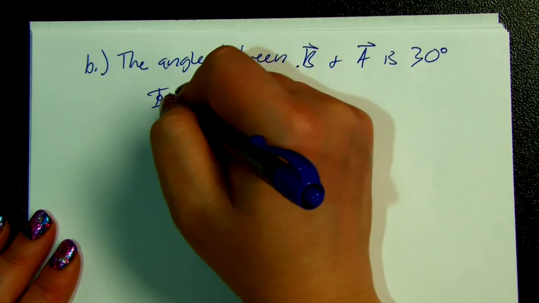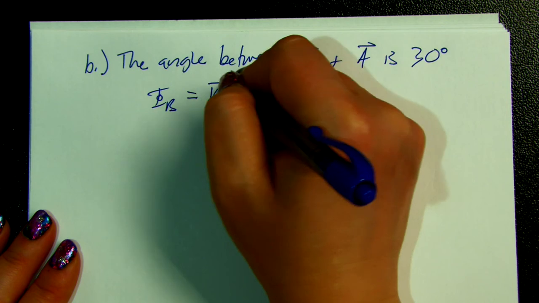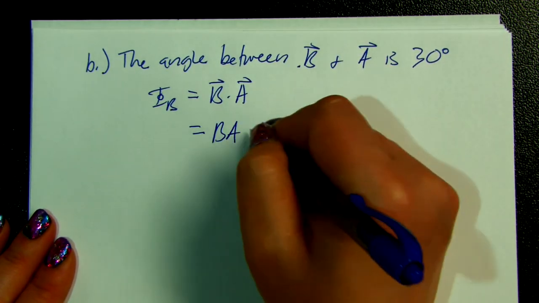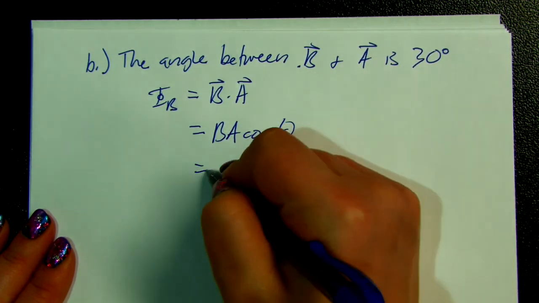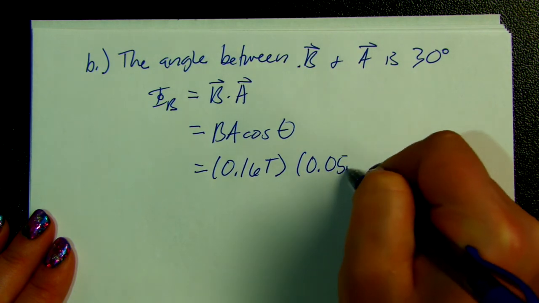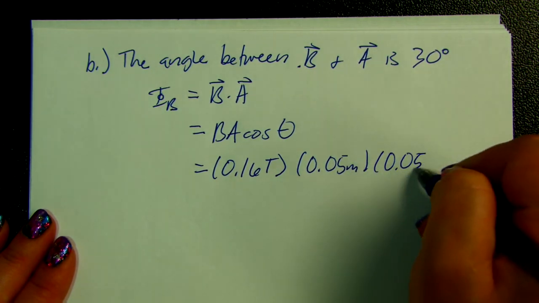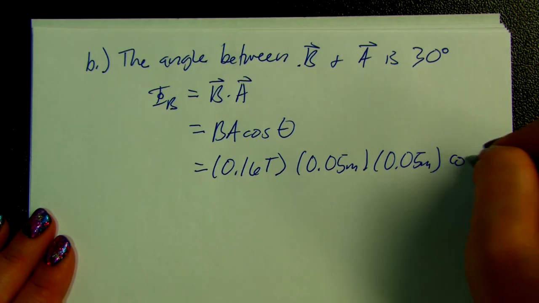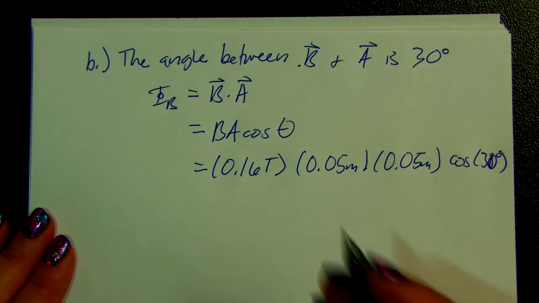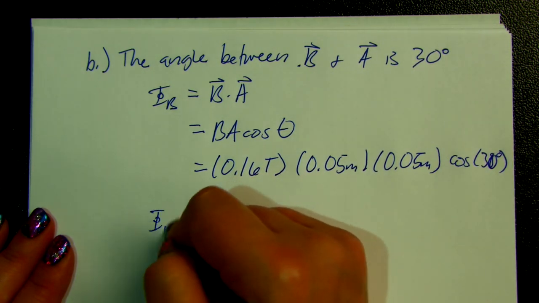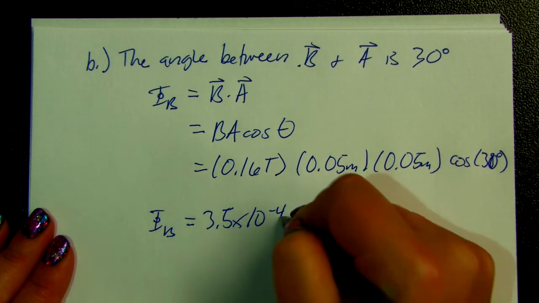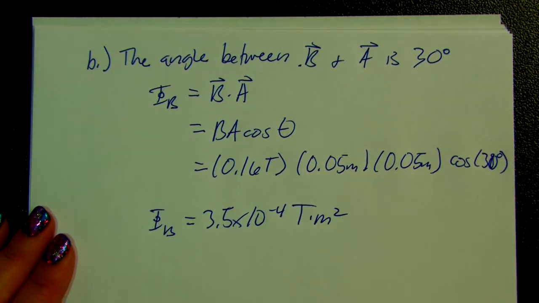So then the magnetic flux would be B dot A, which is equal to BA cosine theta, which is 0.16 Tesla times 0.05 meters times 0.05 meters times cosine of 30 degrees. And this magnetic flux is equal to 3.5 times 10 to the minus 4 Tesla meters squared.